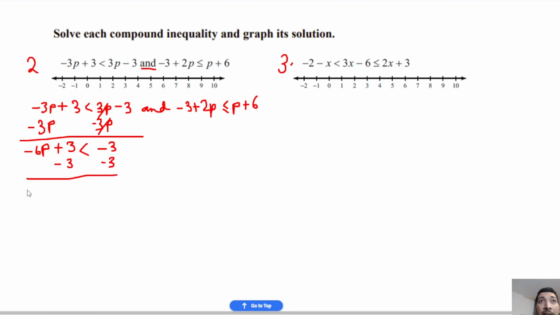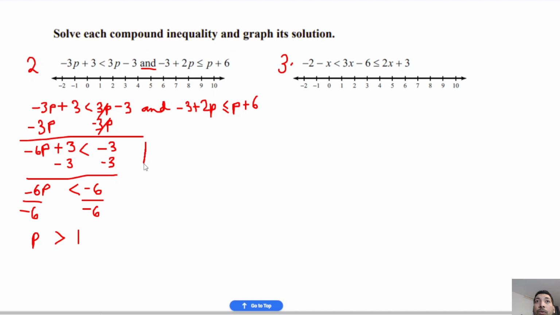If I do this, I get -6p less than -6. And we can see that to get p by itself, I just divide both sides by -6. Since we are dividing both sides by a negative number, we just reverse this inequality symbol. So we have p greater than -6 divided by -6, that is 1.